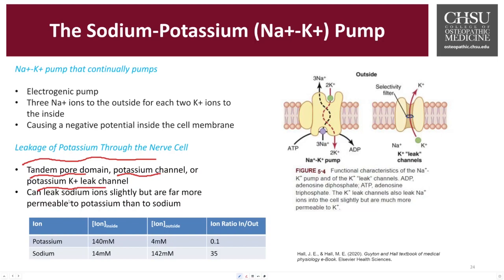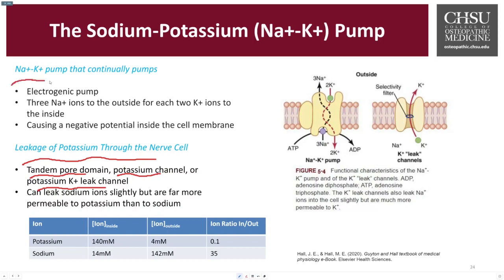So some sodium is going to enter through the leak channels down its concentration gradient, and some potassium will diffuse out, making the negatively charged structures more on the inside of the cell. This movement is with the chemical gradient, but opposes the electrical gradient.